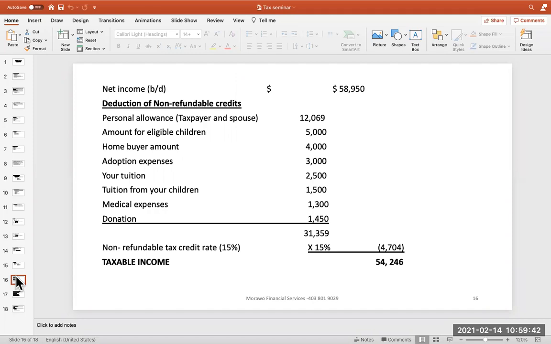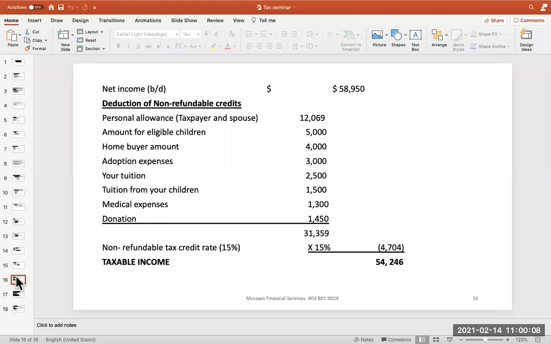So this one is brought down from the previous page. So we now come to the deduction of non-refundable credit. As we said, you are only allowed 15% of these expenses to be netted off from your gross income. So we have personal allowance.